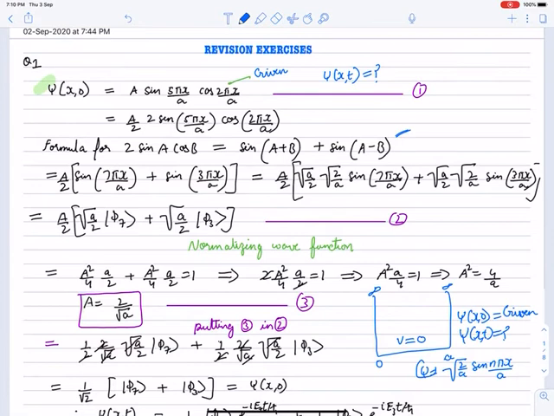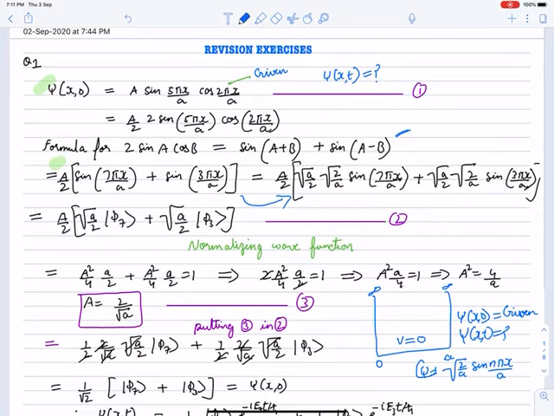Now here is a catch. This is the changed wave function, which you can solve in this addition; you can't solve it in multiplication. But you don't have any known wave function, so we have to change this to this.